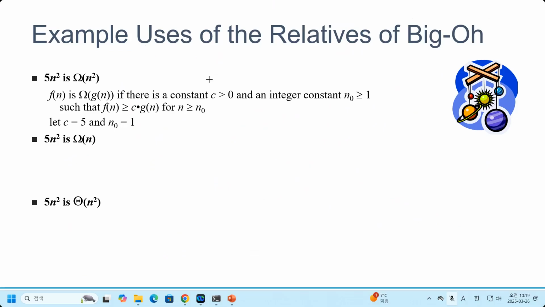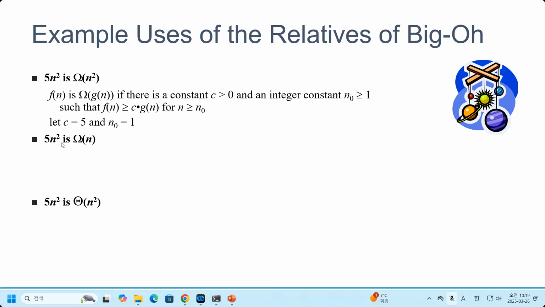Yes. Omega means f(n) is greater than or equal to c g(n). In this case, it is greater than or equal, still equal.